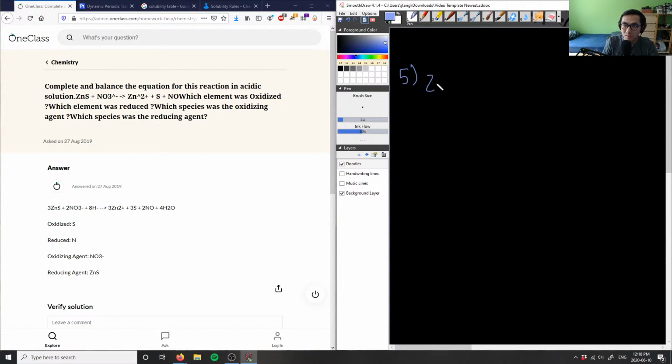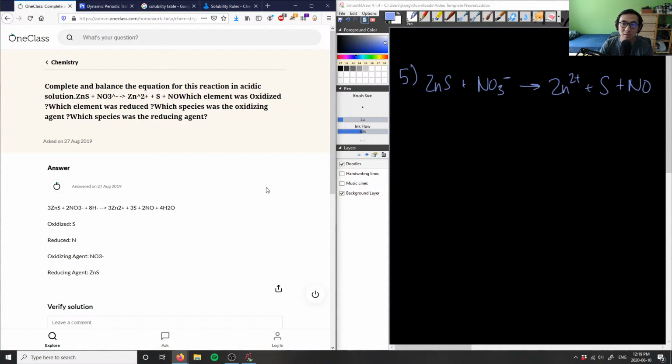So let's write down this equation here. I have ZnS plus NO3 minus yields Zn2 plus, plus S plus NO. Okay, so in order for us to solve this problem, they didn't actually do a step-by-step solution here, which is unfortunate.